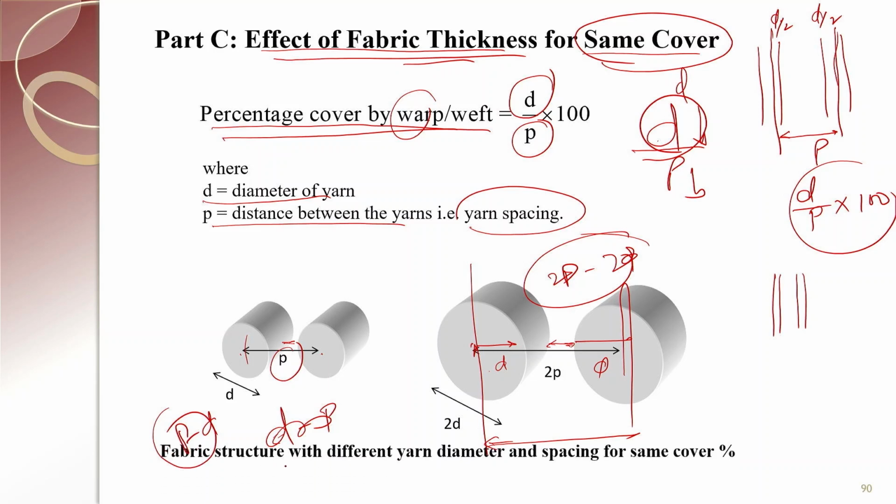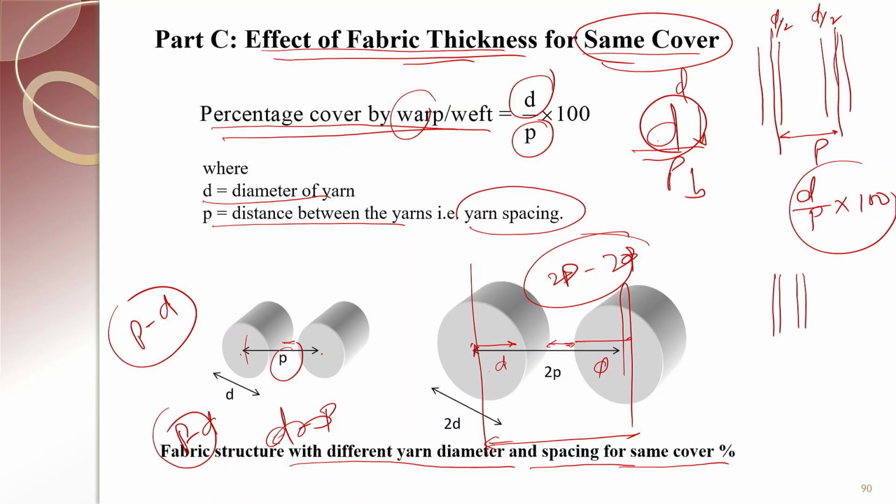So, this is the fabric structure with different yarn diameter and spacing for the same cover factor. Here P minus d is the space available.